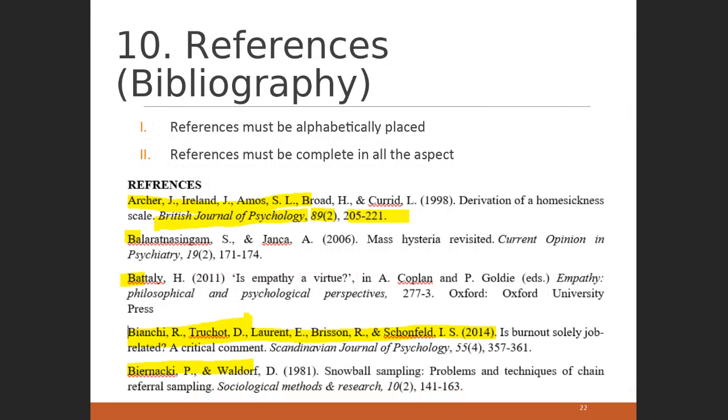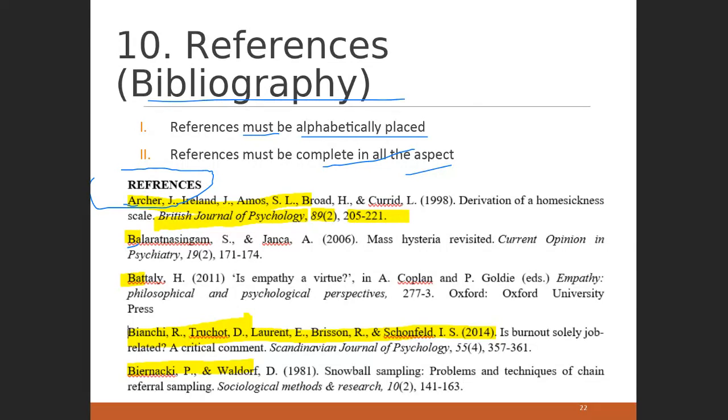When you are writing references in your bibliography at the end of your research report, please keep in mind that references are placed alphabetically. Okay, so the references starting with A will come first, and then the references with B will come. References must be complete in all aspects.